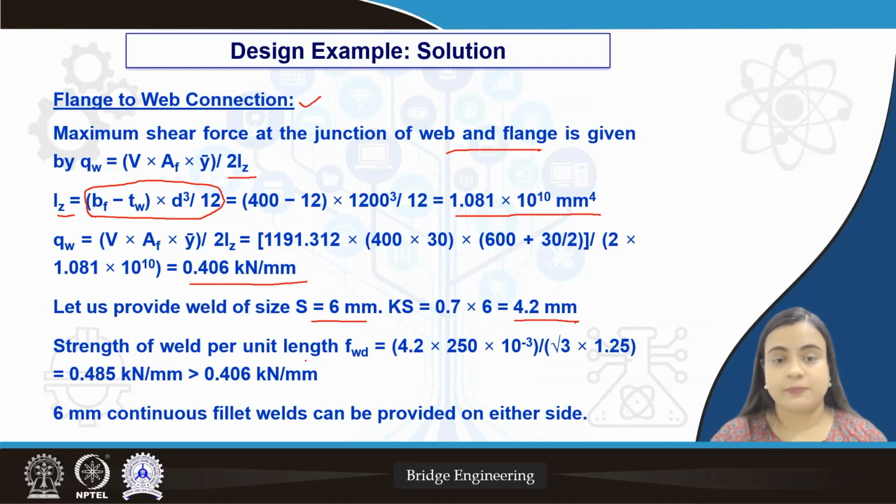Strength of the weld per unit length fwd will be equal to 4.2 times 250 times 10 to the power minus 3 divided by square root of 3 times 1.25, that will be equal to 0.485 kilonewton per millimeter, which is greater than the magnitude of qw, that is 0.406 kilonewton per millimeter. So we can proceed with 6 millimeter continuous fillet welds on either side.